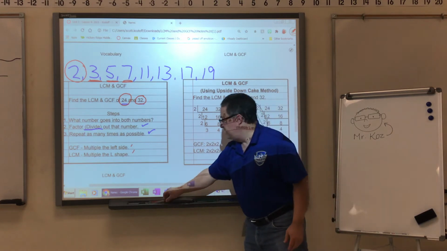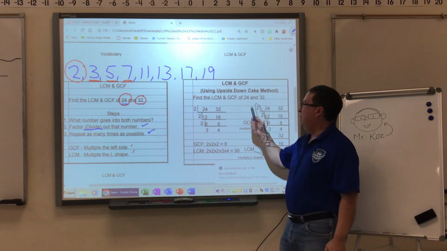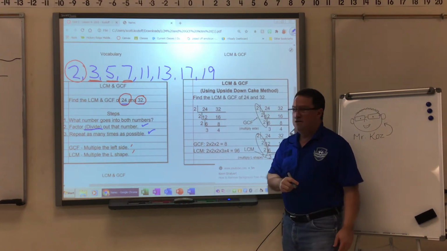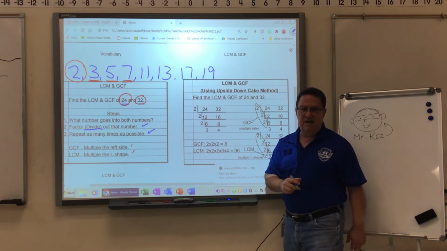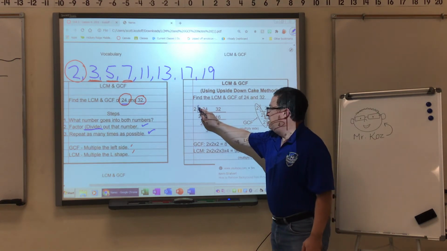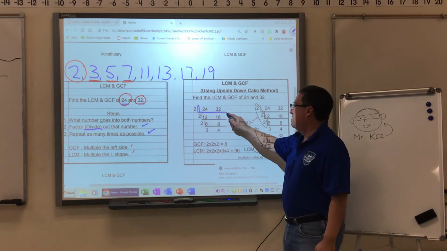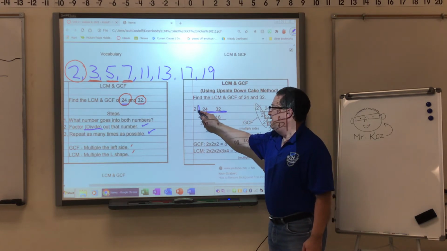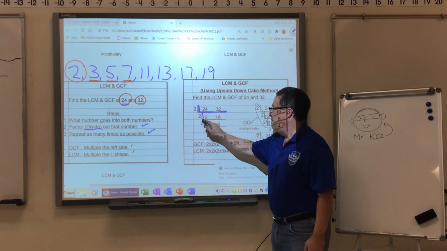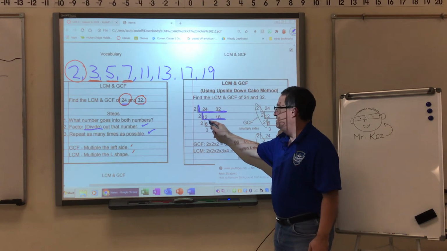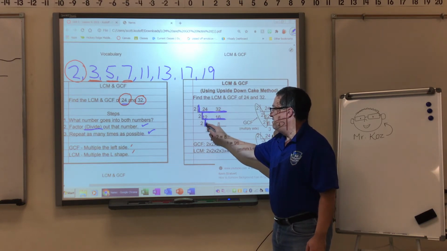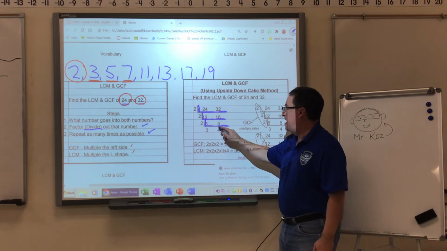So now I'm going to use what we're going to call the upside down cake method. The reason we call it the upside down cake method is when you use a bar, which is kind of like an upside down division bar, and we do this as many times as possible to factor out all the numbers that are factors.